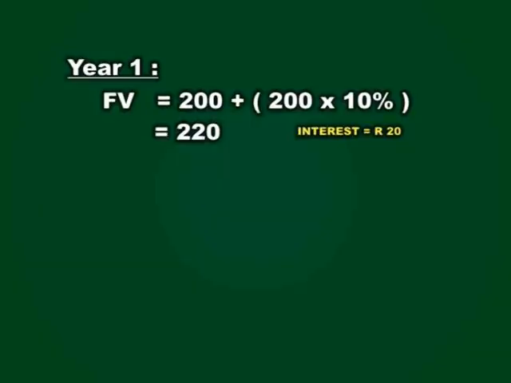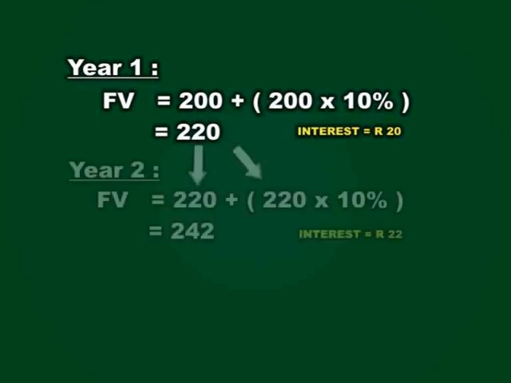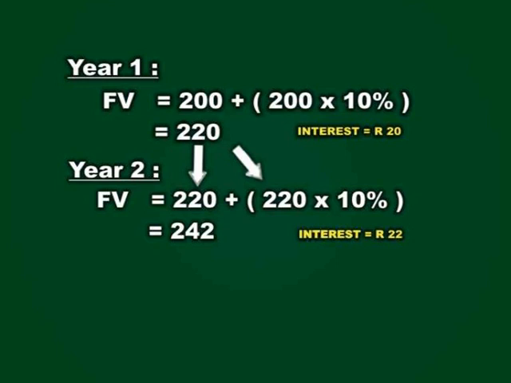At the end of the first year, your friend would owe you 220 Rand, 10% on the present value 200 Rand. At the end of the second year, the interest you are charging your friend is not on the 200 Rand, but rather on the value of the money at the end of the first year.